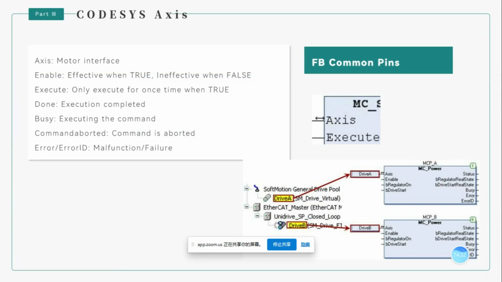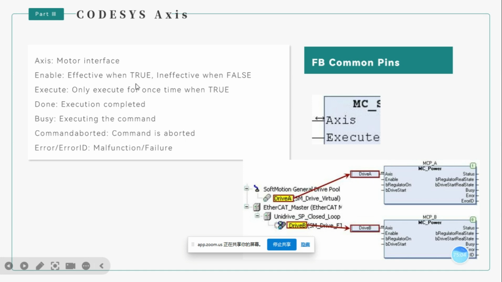The following part is about the Codesys function block. There are common pins when we use the function block. First is the axis name; when we create the CiA axis, it has a name, it is called this one, corresponding to this one.